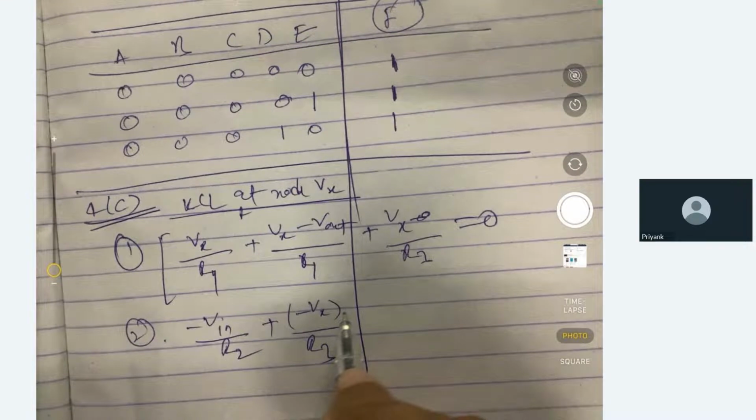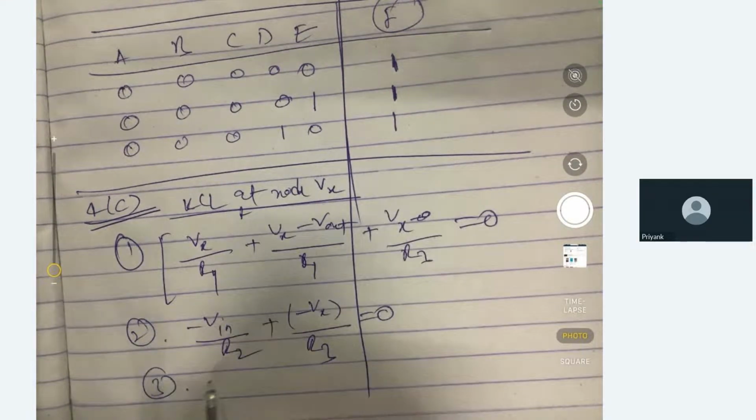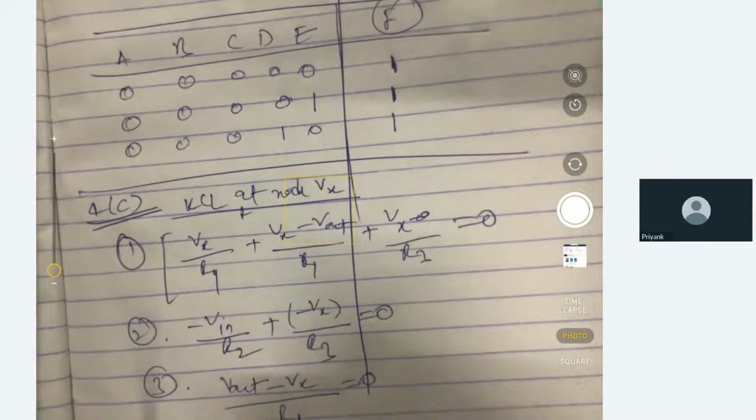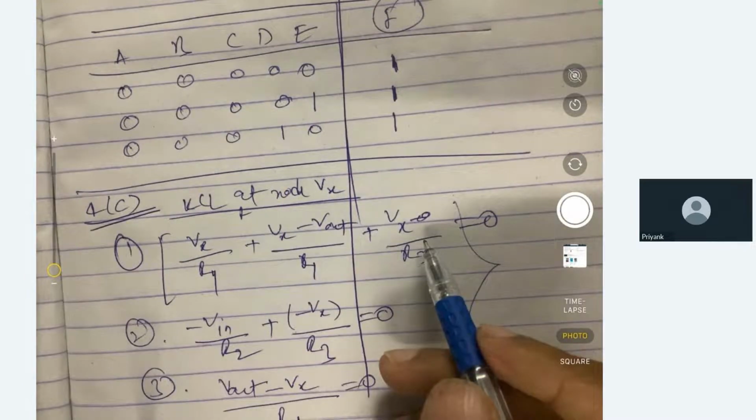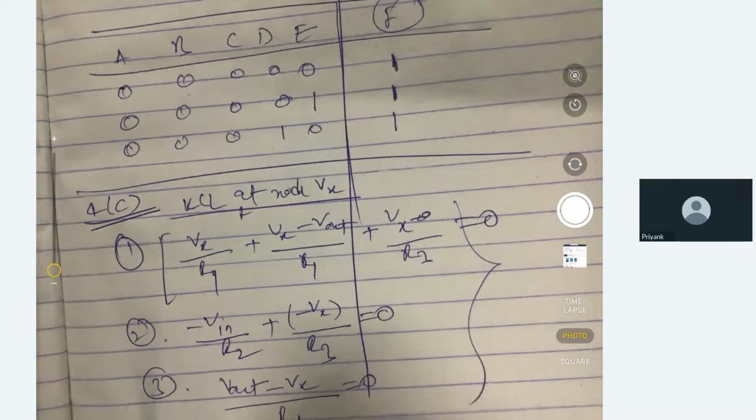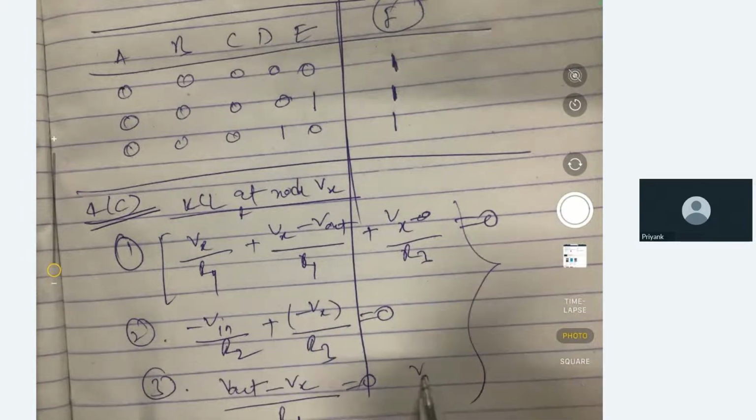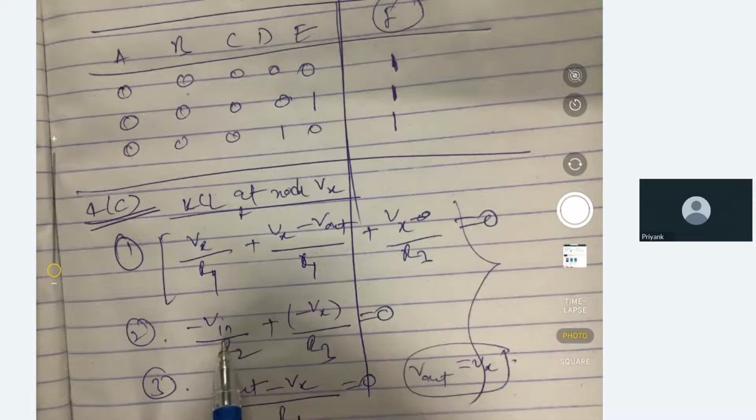And the third is KCL at the output: V out minus Vx upon R1 is equal to 0. Using these three equations, it is very easy to solve for V out upon V in, because the third one is simply V out is equal to Vx. So we require to find this.